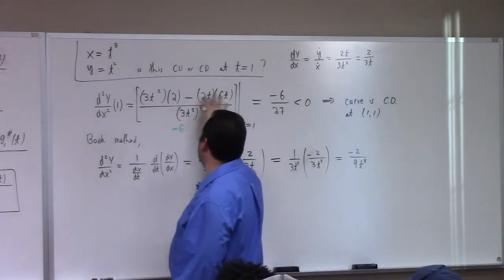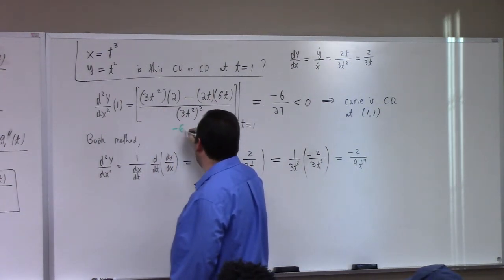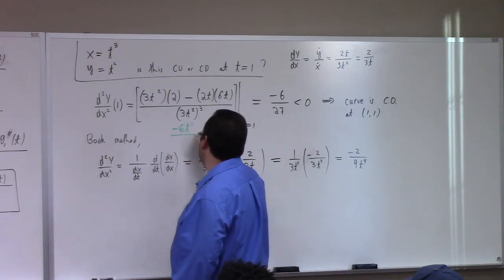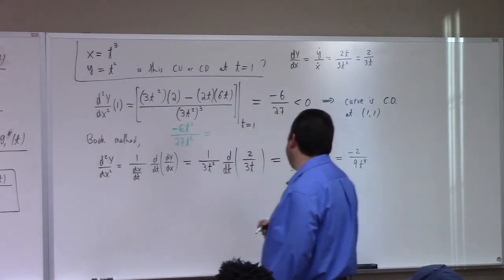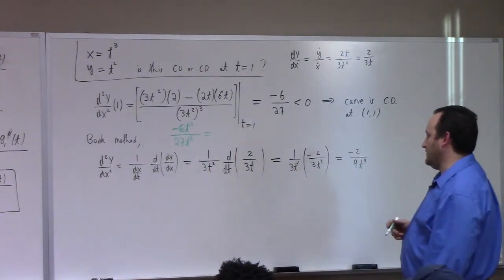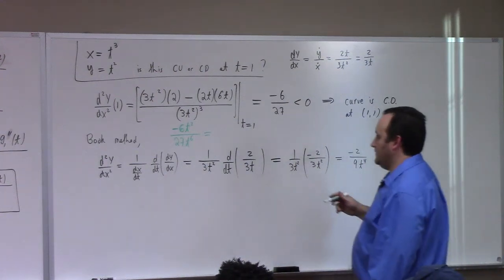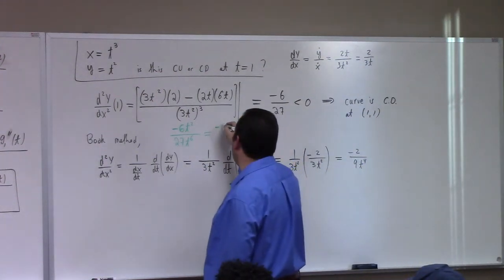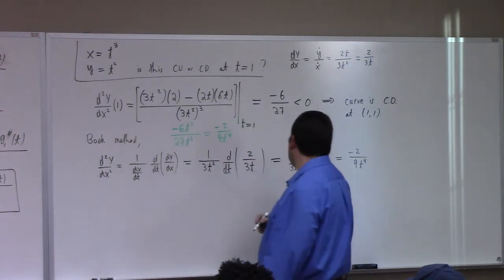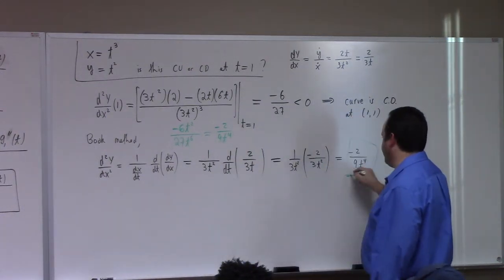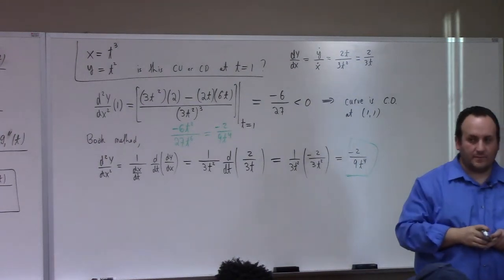Because 6 minus 12 is minus 6. t squared divided by 27t to the 6th, which is what? Cancel the 3's. Minus 2 over 9t to the fourth. Oh, wait, yeah. So it's the same thing.